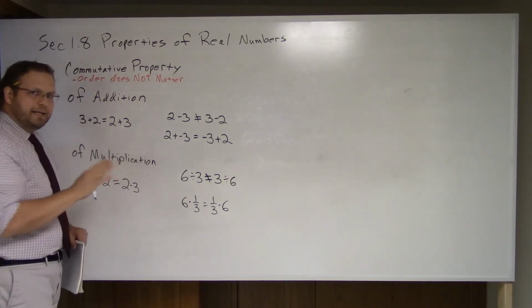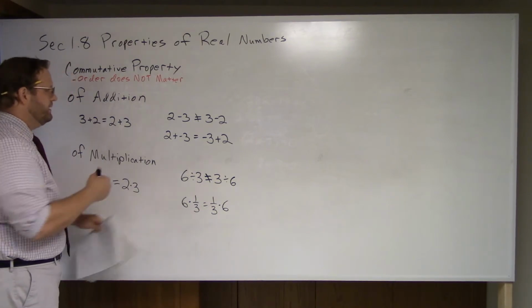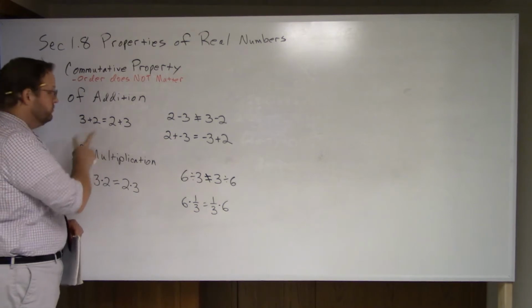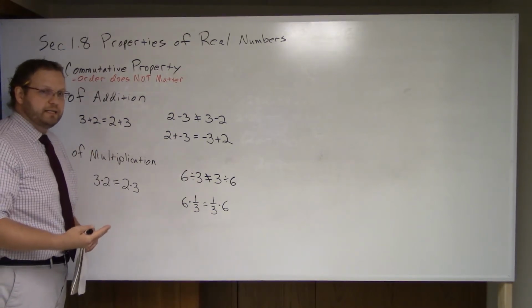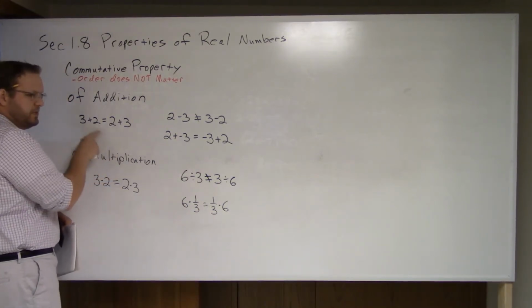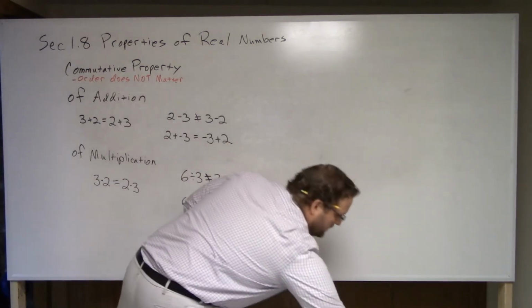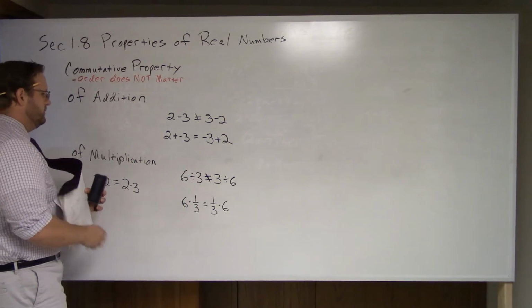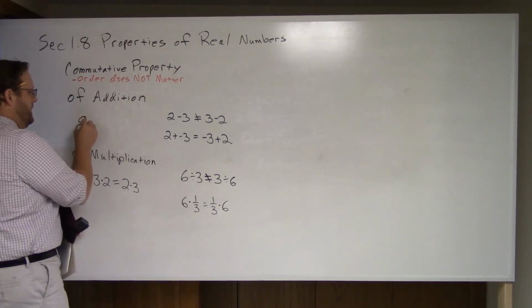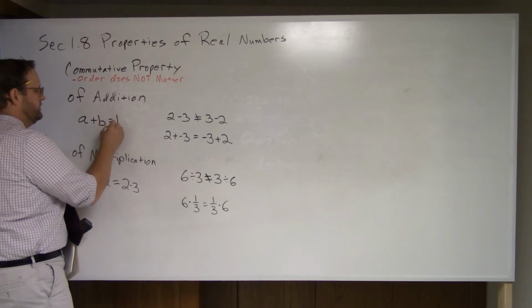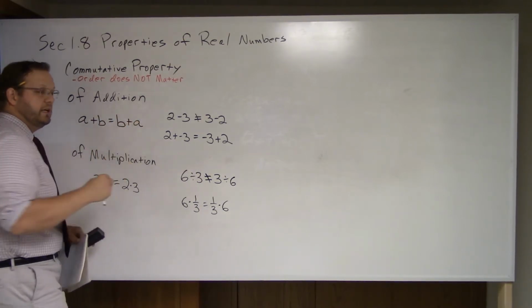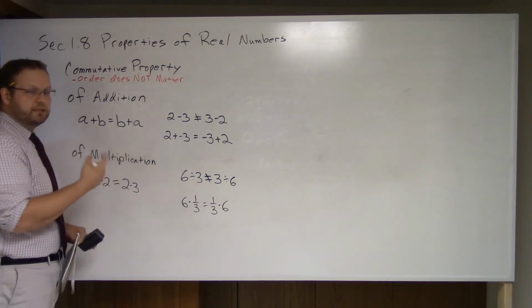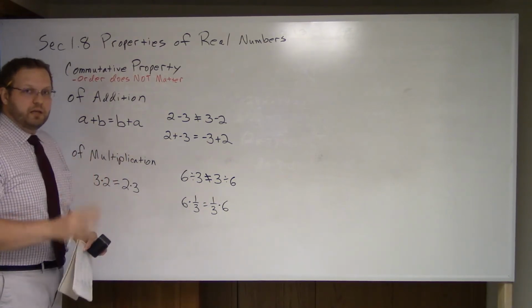Okay, a lot of times what we try to do when we're presenting a property like this is a very concrete example, which is perfectly fine to illustrate the idea. But what we try to do is keep this a little bit more general. So if we really want to show it, we would show it this way. A plus B is equal to B plus A. If you ever read a math book or a website and they show you something like this, they're just keeping it open to any number in existence.